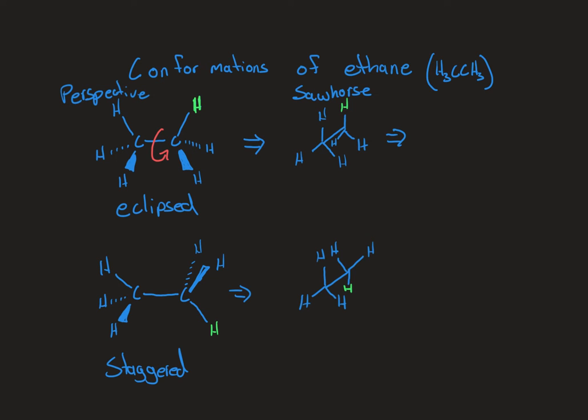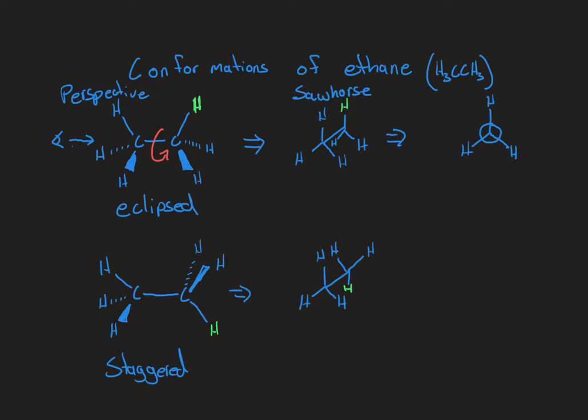In a Newman projection, we are going to look down this carbon-carbon bond from the right-hand side of the page. So this front carbon looks like this, and we draw that circle to indicate that's the bond we're looking behind. And this is the carbon in front.